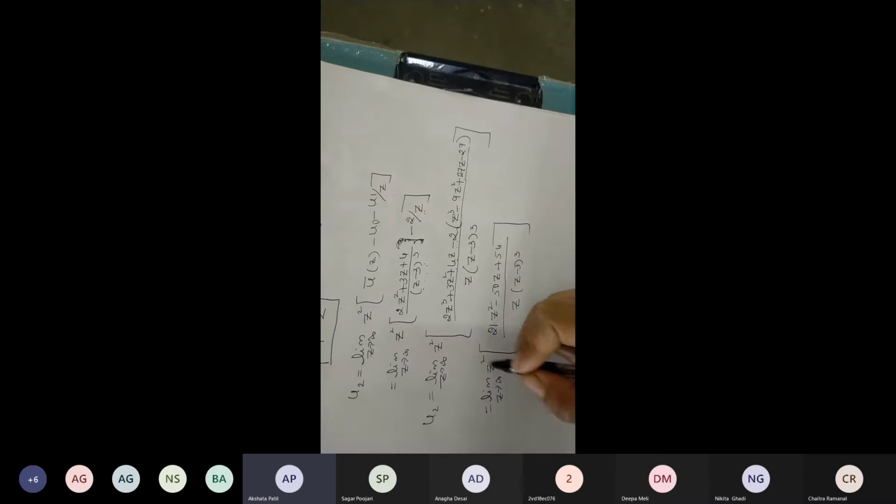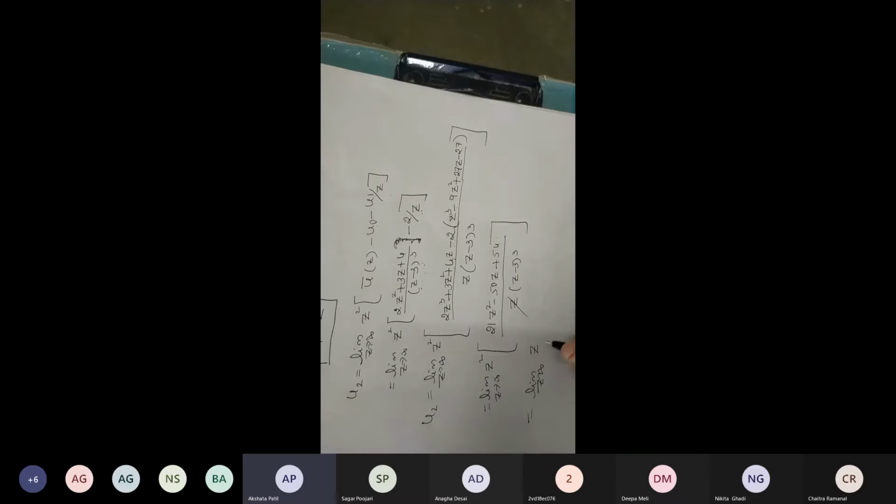So here this one z gets cancelled, so remaining you are getting here limit z tends to infinity, z into 21z square minus 50z plus 54, divided by (z minus 3) the whole cube.